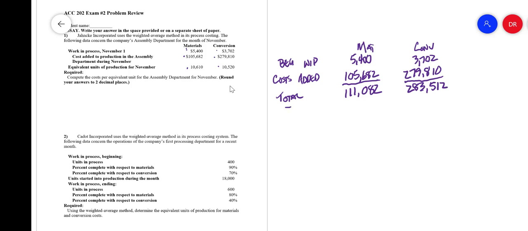We're going to divide that total cost by equivalent units, and for materials that will be 10,617. And for conversion it's 10,520.